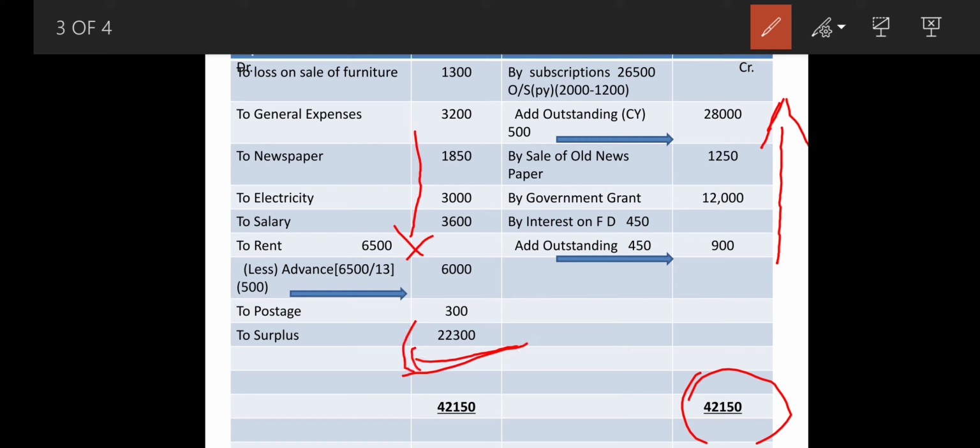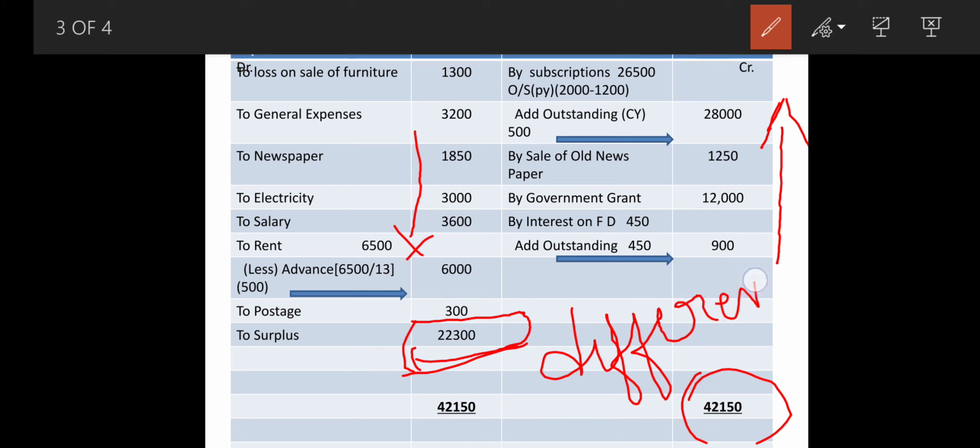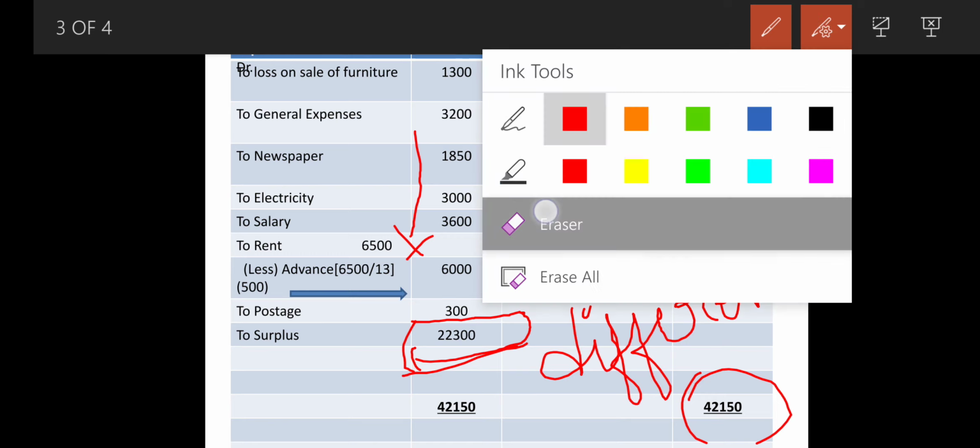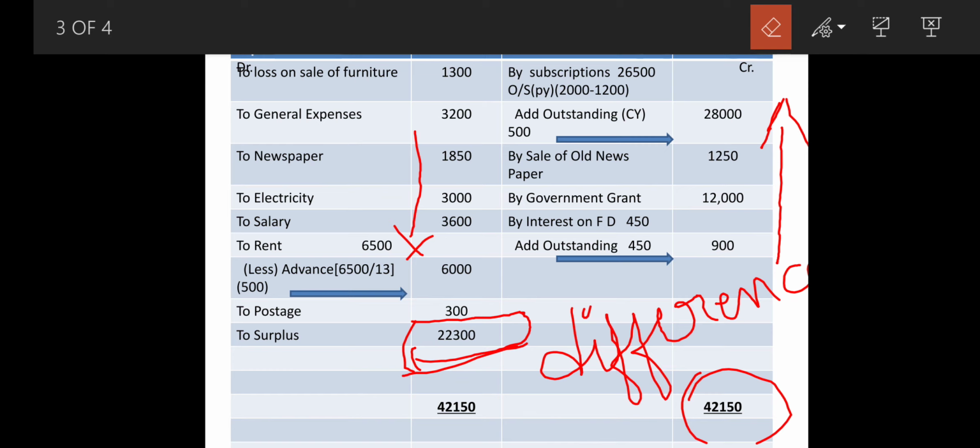That is, income is more and expenses are less. So I got the difference as surplus. Besides that, write down excess of income over expenditure.